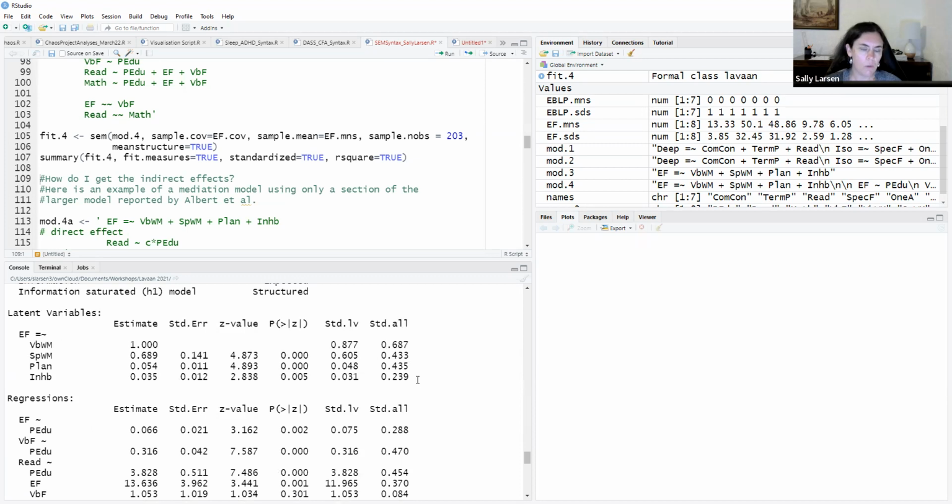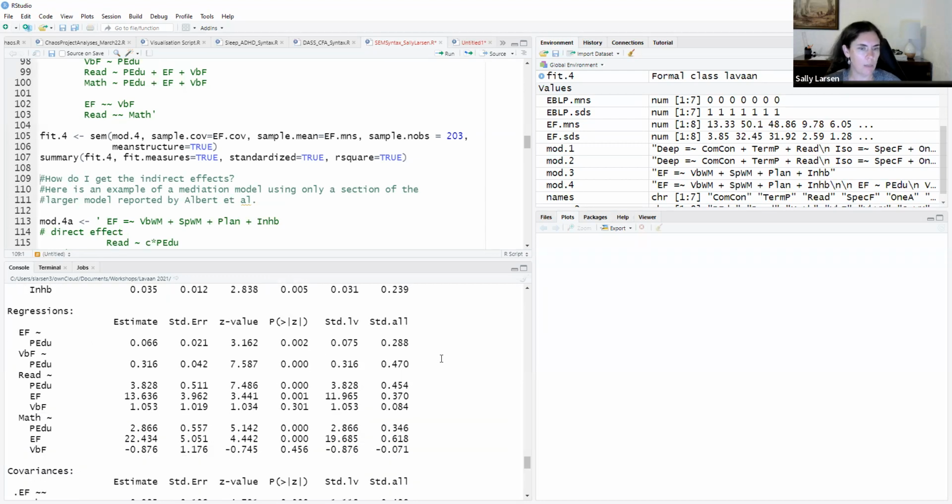So we've already had a look at that executive functioning latent variable. Let's have a look at the regressions. I can't remember whether they're reported as standardized in that diagram or not, I think they're standardized, but we can see here they are. So there's a positive relationship between executive functioning and our SES proxy, and a positive relationship between SES and verbal fluency.